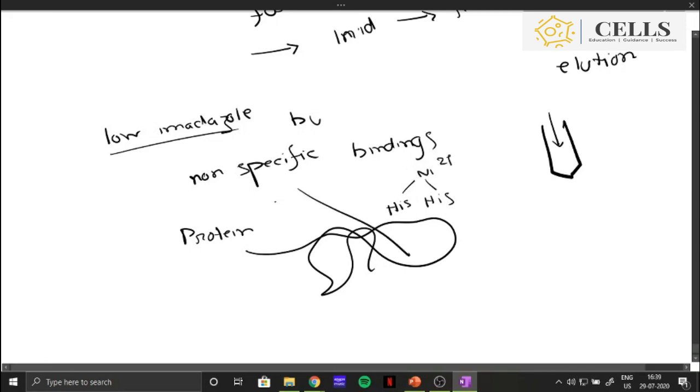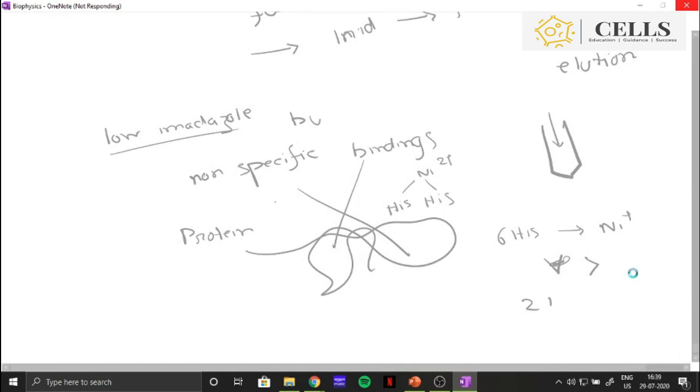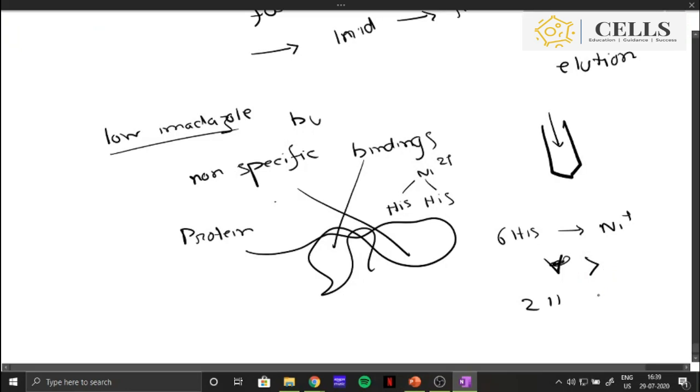Six histidines binding to a nickel have a greater affinity than 2 histidines binding to a nickel. These are termed non-specific bindings, so to remove the non-specific bindings which have very low energy, we use a low concentration of imidazole.